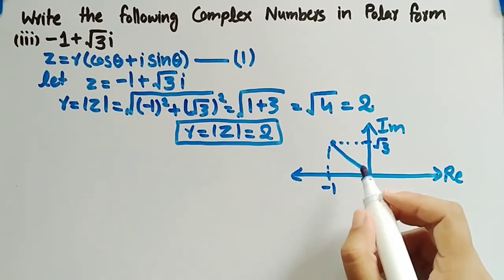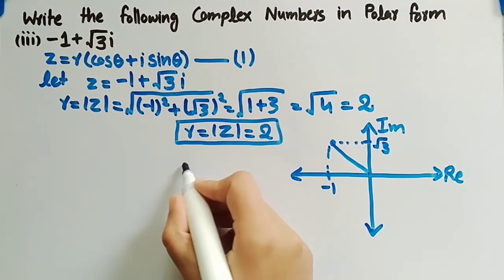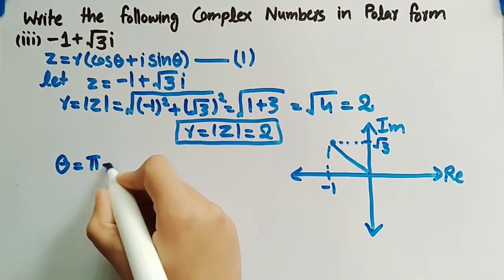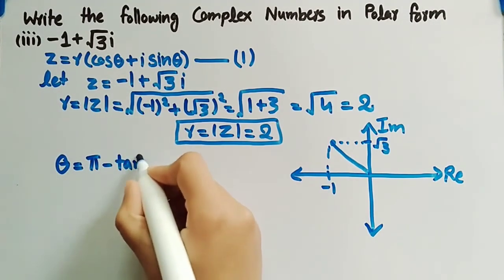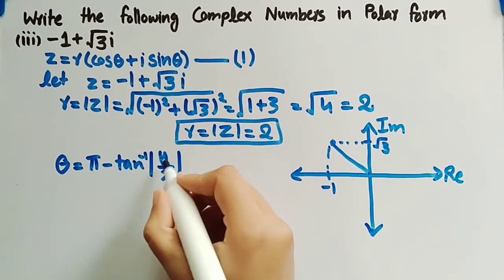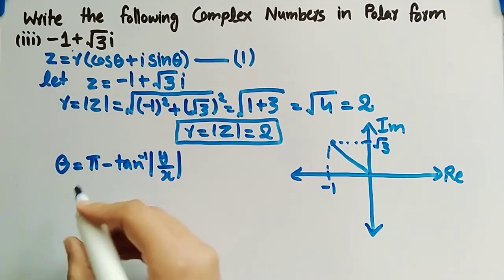When a complex number is in the second quadrant, then principal argument theta is equal to pi minus tan inverse y by x, where y is the imaginary part and x is the real part of the complex number.